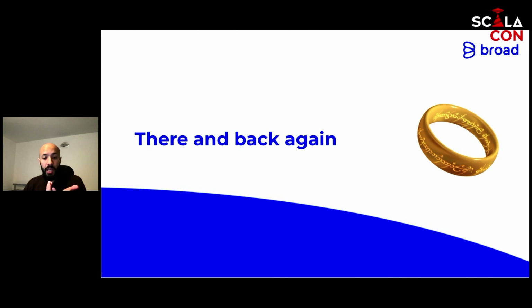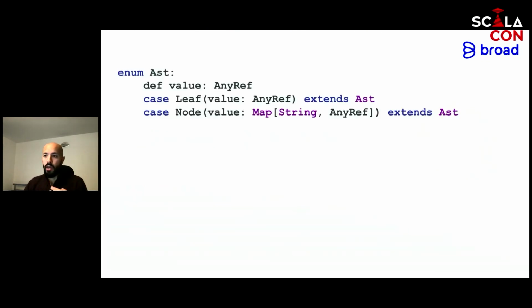So I came up with the idea of building a very, very simplified AST. Basically, I just needed one AST with a value that would be an AnyRef or a Java object, right? And I had this idea where I could have just a leaf where I have the final object, and every node would have a map of a string and AnyRef, where the string is the name of that field.